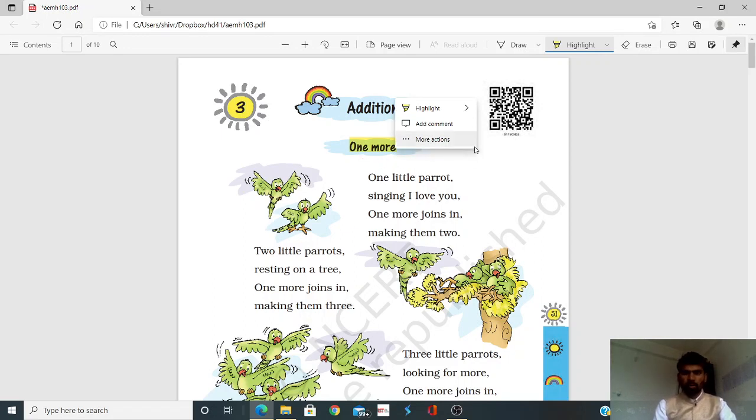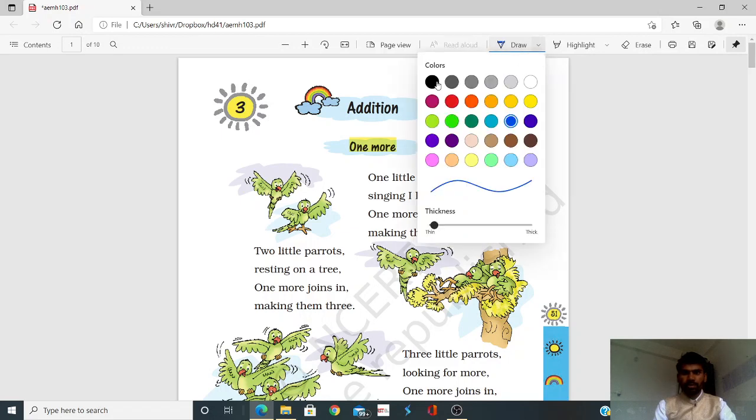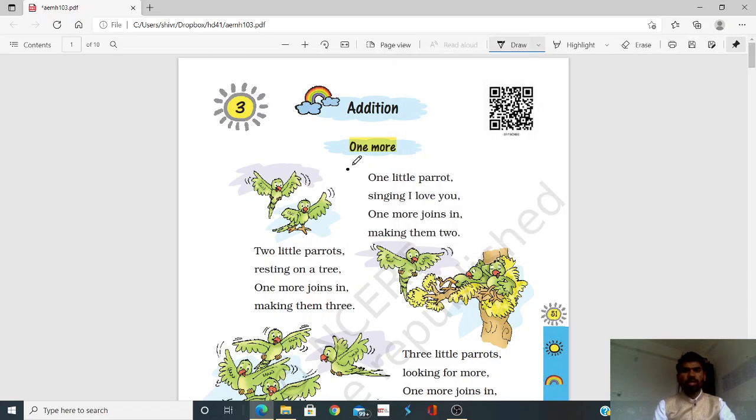Here I will explain two symbols, and you have to understand properly which are these two symbols. We have to use these two symbols in the whole chapter. This symbol is plus and this one is equal to.